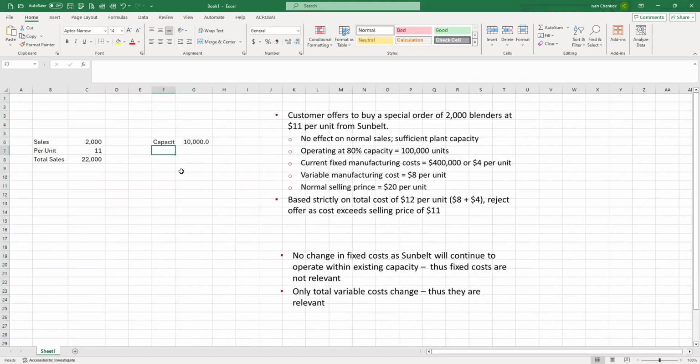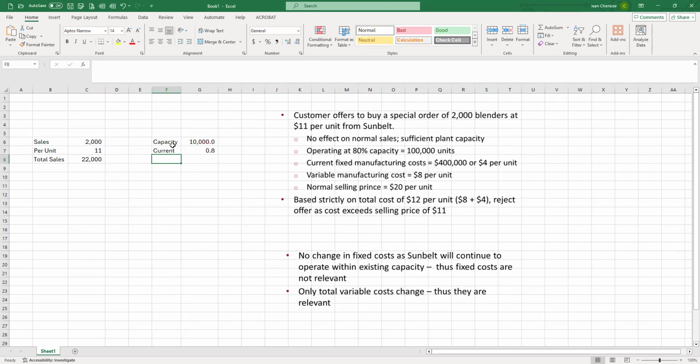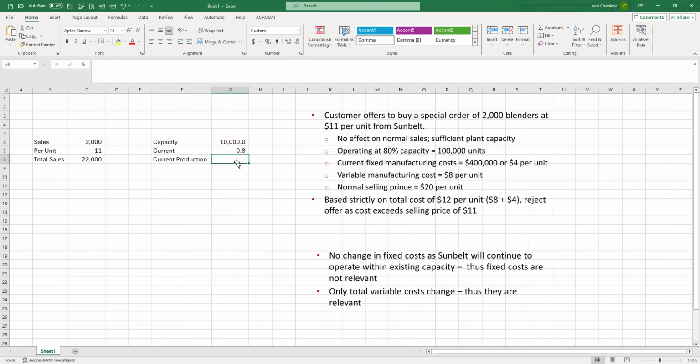Currently, we are at 80%. What does that mean? Our current production is 100,000, not 10,000 units, 100,000 units.